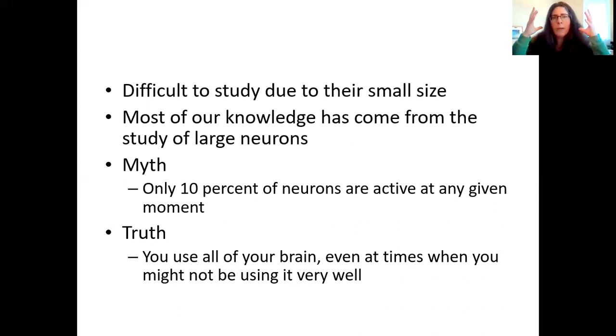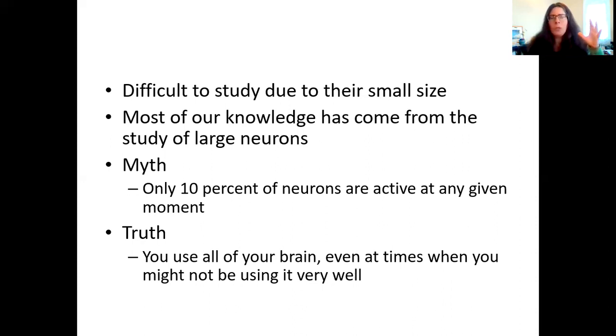Your whole brain is not firing all at the same time, but you are using all of the networks that you have in your brain, or you wouldn't have those networks. They would prune away and you would form different synaptic connections, right? There's a high metabolic cost of the brain.